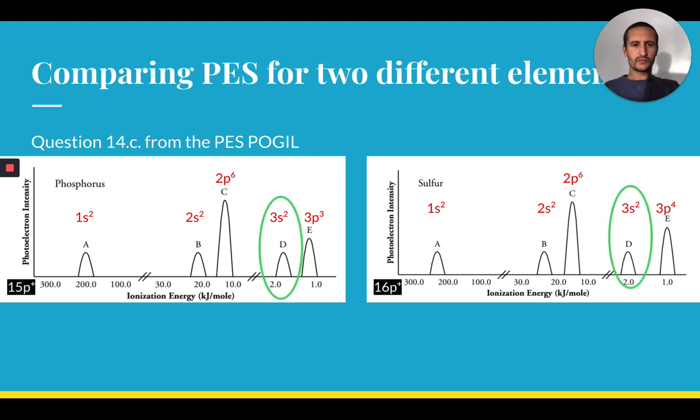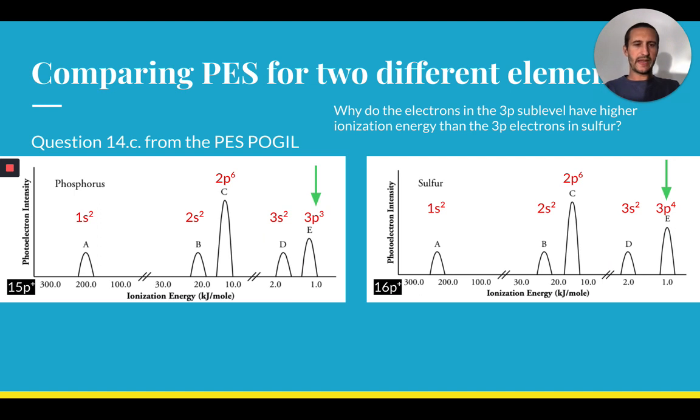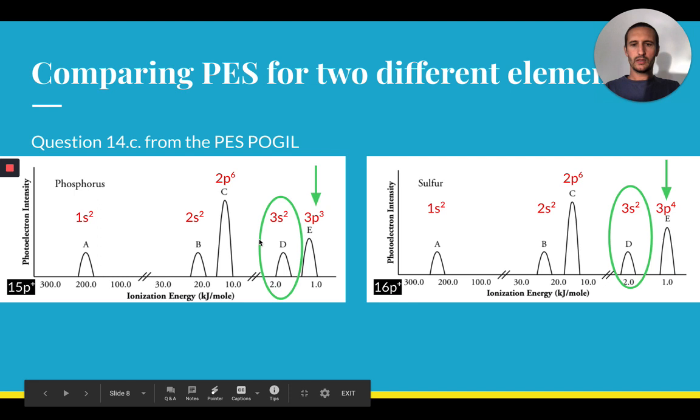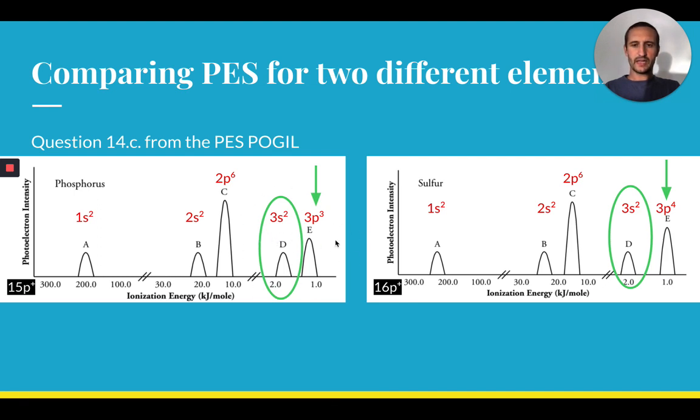And then when we get to the valence electrons, or the last shell, and by the way, the valence electrons for both sulfur and phosphorus consider everything in that 3rd energy level. Phosphorus has 5 valence electrons, sulfur has 6 valence electrons.